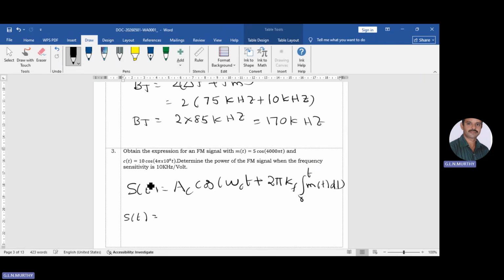Simply substitute: carrier 10 cos 4 pi into 10 power 6 t plus 2 pi kf.